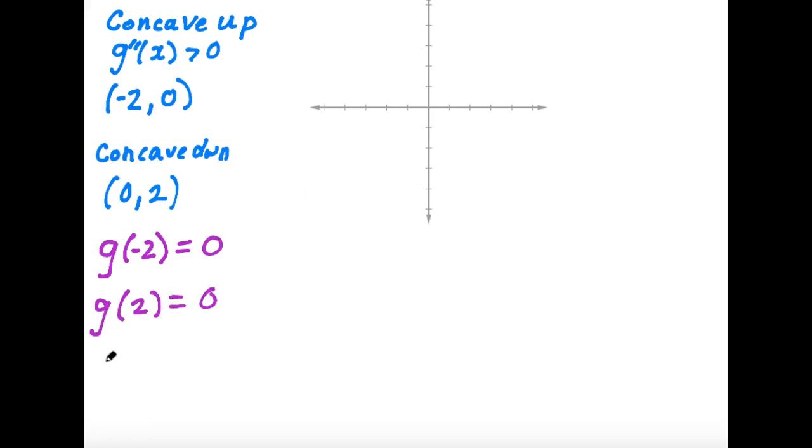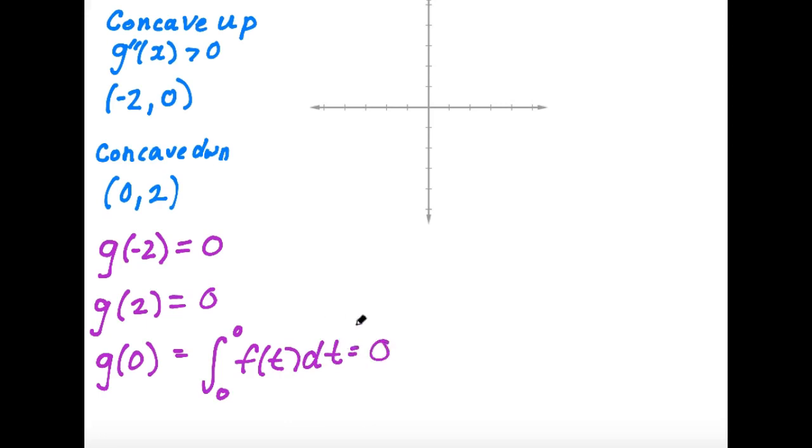The other thing we can look at is the last point here, maybe g of 0. When we look at g of 0, it's the integral from 0 to 0 of f of t dt by definition from part A, and that equals 0. So when we graph this, we get negative 2 is 0, 2 is 0, and this is 0. Now let's go back up.